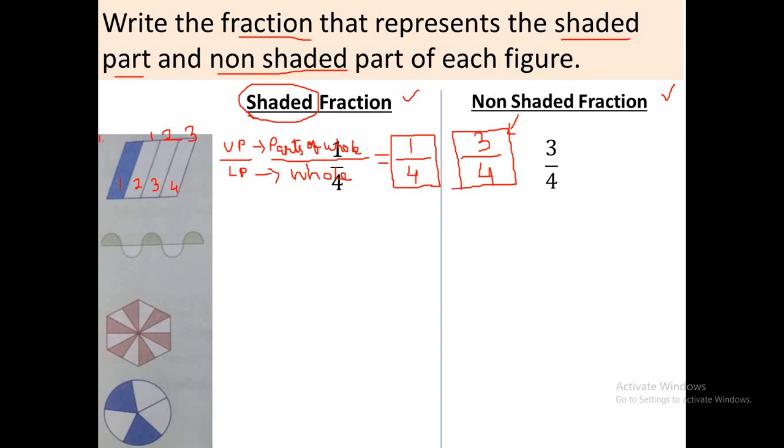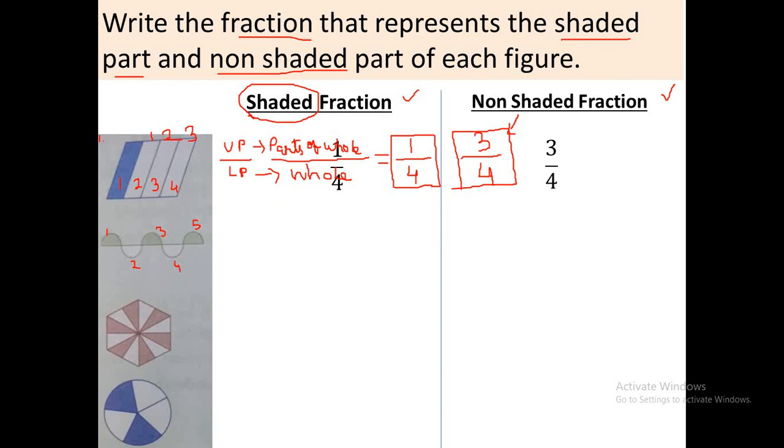Now let's go to the next figure. In the next figure, see, some semicircles are there, right? How many semicircles are here? Let me count the total. 1, 2, 3, 4 and 5. Right? 5 semicircles are here, and out of which a few are shaded and a few are non-shaded also.